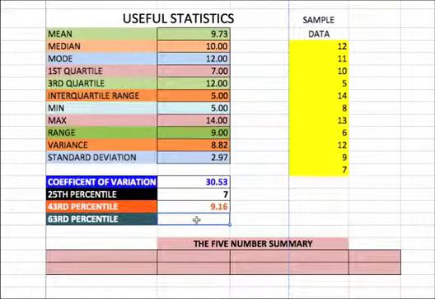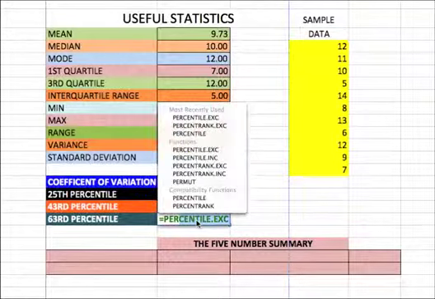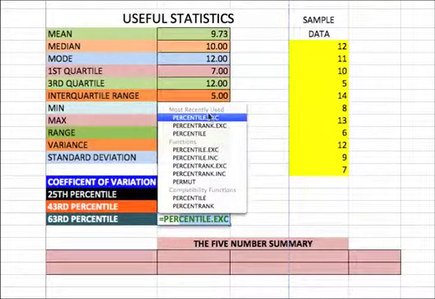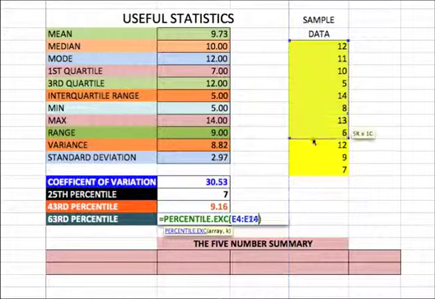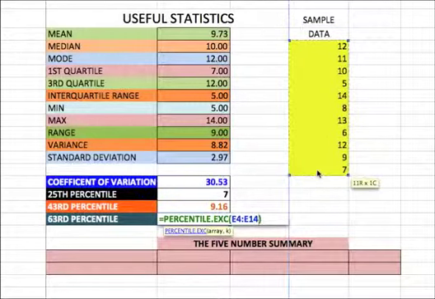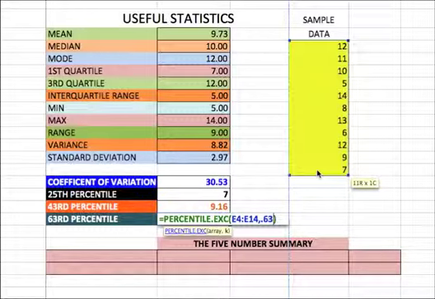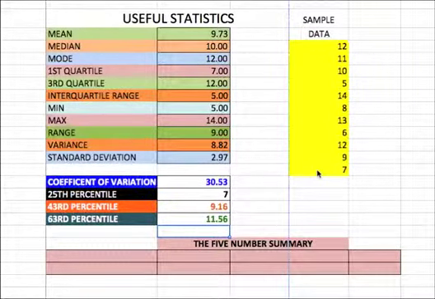For the 63rd percentile, we would enter percentile again, use the same function, highlight the data, put in the comma, and enter 0.63. Hitting enter will again return the 63rd percentile.